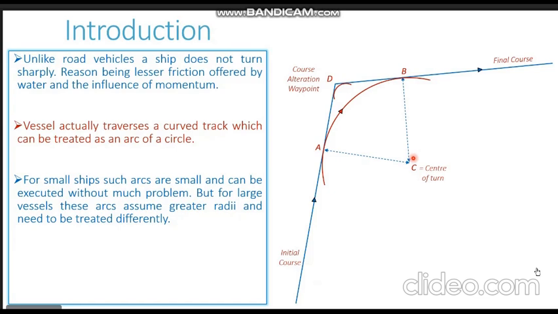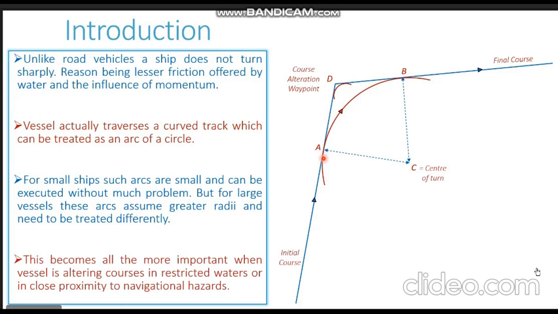For a small ship, the radius will be smaller and you will have a small arc like this one. But for a bigger ship whose turning radius is bigger, you will have a greater radii arc like the Alpha Bravo AB arc shown on the screen. Now for small ships, if you look carefully, the arc is not much far away from the straight line tracks.